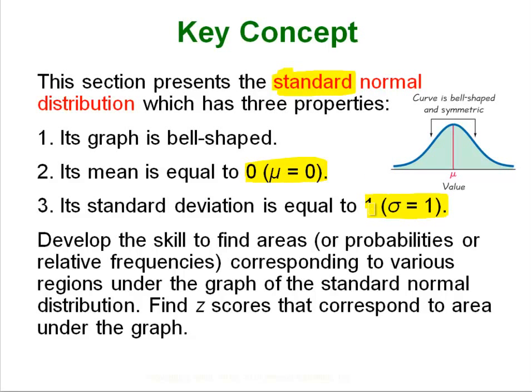We can have normal curves without those properties, and they're just called normal curves or normal distributions. But to be standard normal, they have to have those two properties. So we're going to start off talking about the standard normal curve, and then we're going to learn how we can use the same properties with any normal curve, and we can actually, quote unquote, standardize it with a very simple formula.